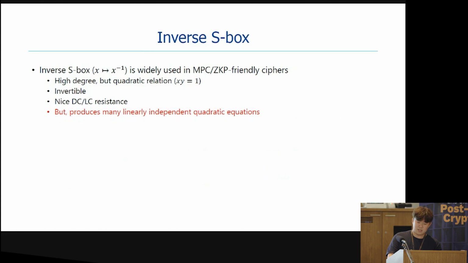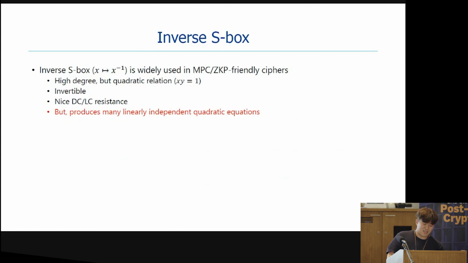Inverse S-box is widely used in MPC and ZKP-friendly ciphers as well as AES because it has high degree and quadratic relations to check, and it is invertible and has nice differential and linear resistance. But we found out that the inverse S-box produces many linearly independent quadratic equations.